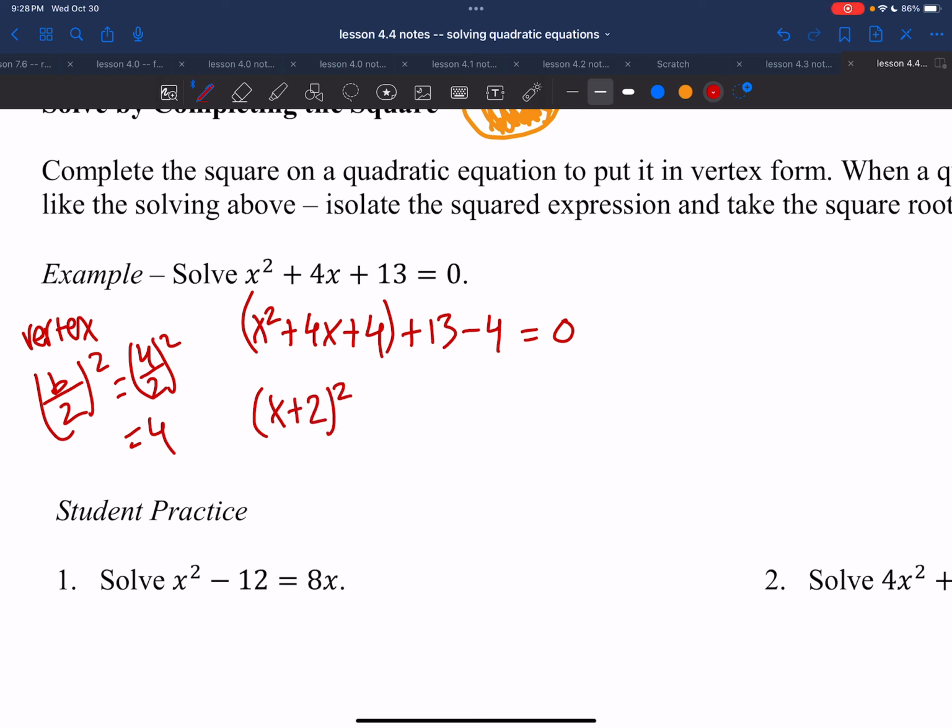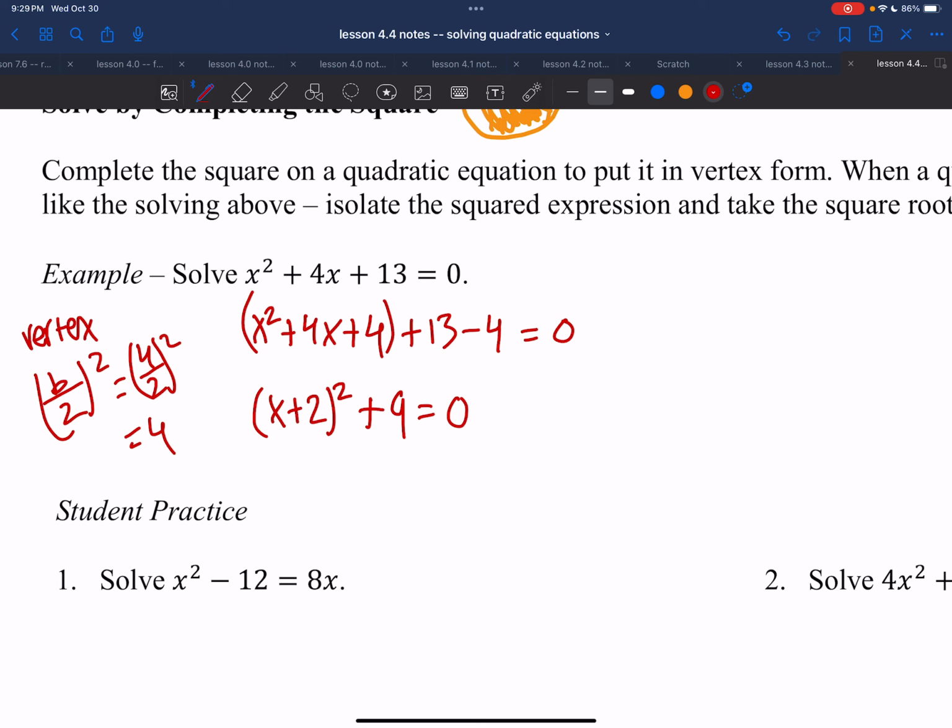Again, as a reminder, you can do a factoring puzzle for that, or you can remember the shortcut is to just cut this 4 in half, and that becomes that 2 right there. It's the same thing every time. It's always a perfect square trinomial. And then 13 minus 4, well, that's just 9.